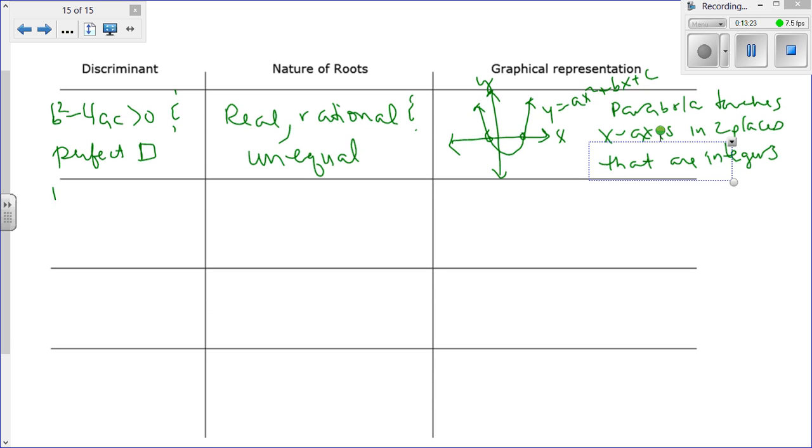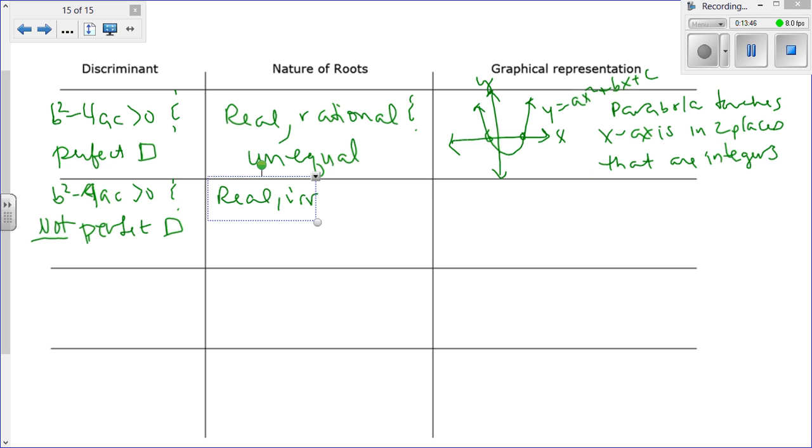If my discriminant is b squared minus 4ac is greater than 0 and not a perfect square, then my roots are real, irrational, and unequal.